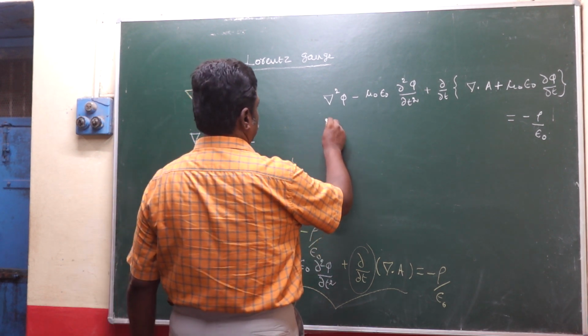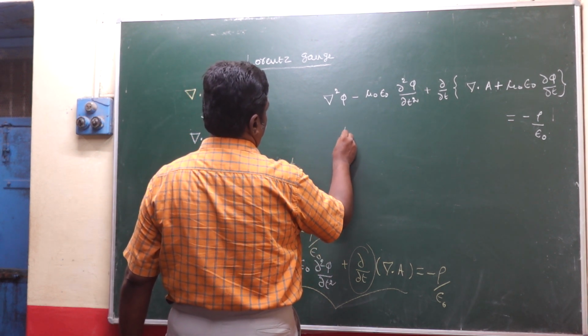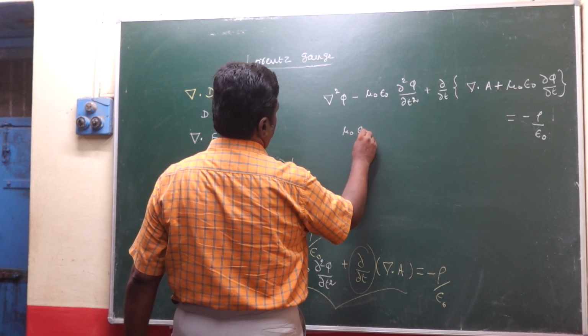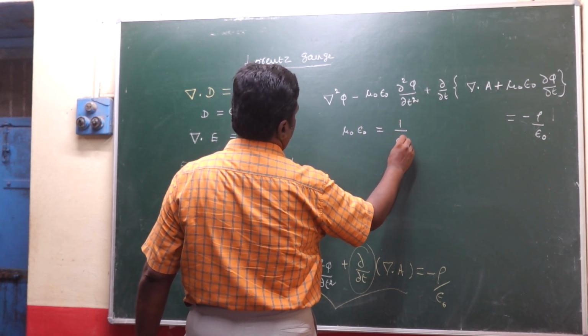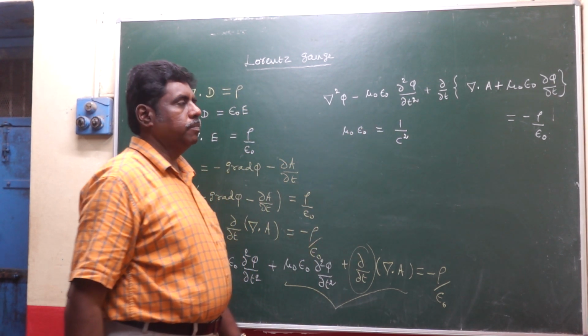See, mu naught epsilon naught is our 1 by c square.